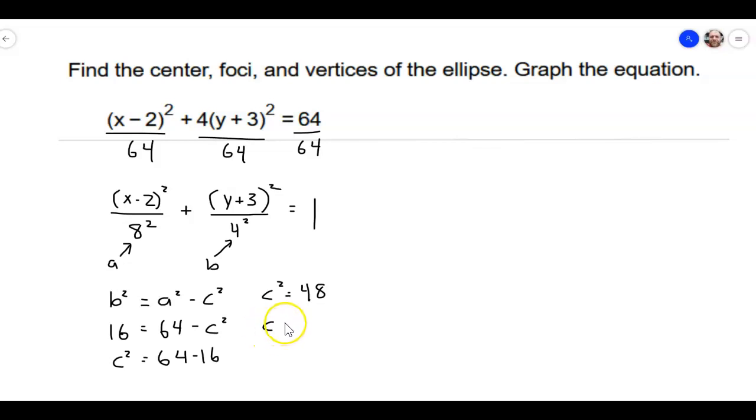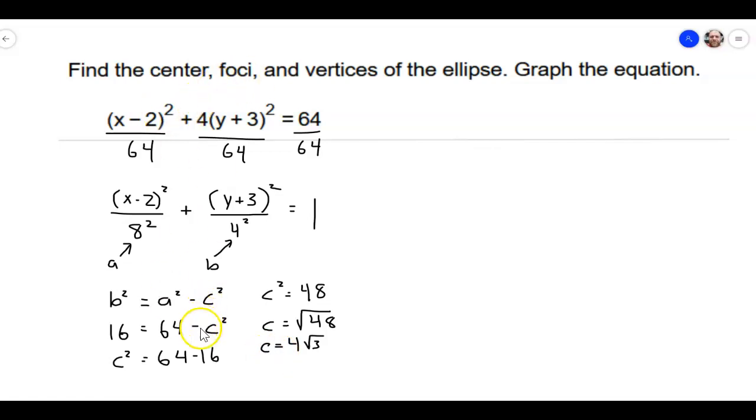So I don't need plus and minus square root of 48; I just need the positive version. Square root of 48 reduces, we can pull a perfect square out. So 48 is 16 times 3, and I can take the square root of 16, which is 4. So this is going to end up being 4 root 3.